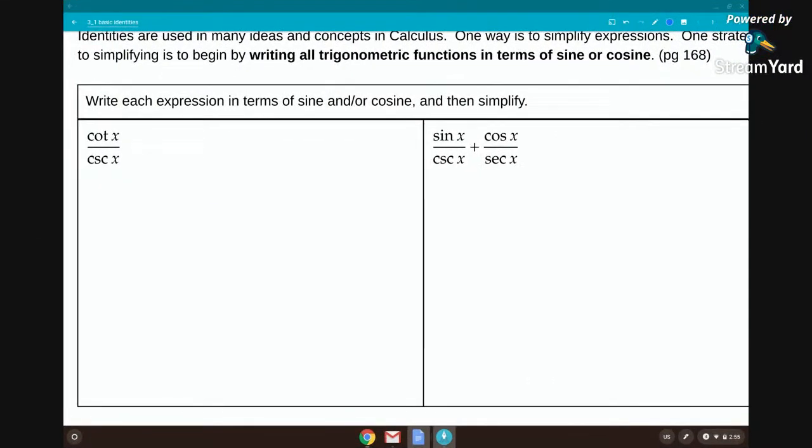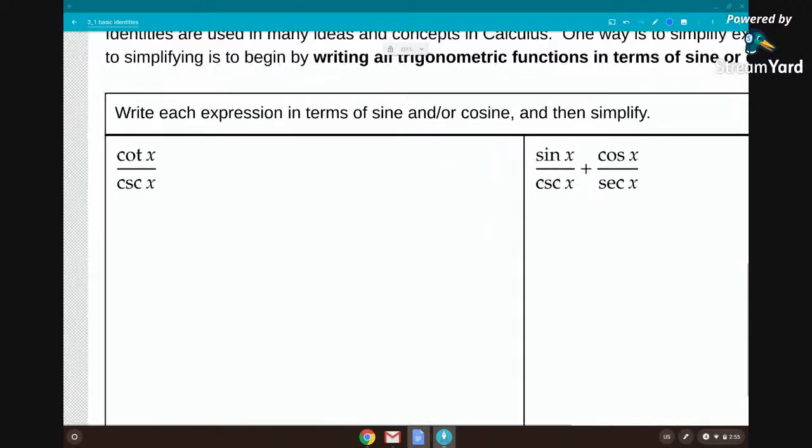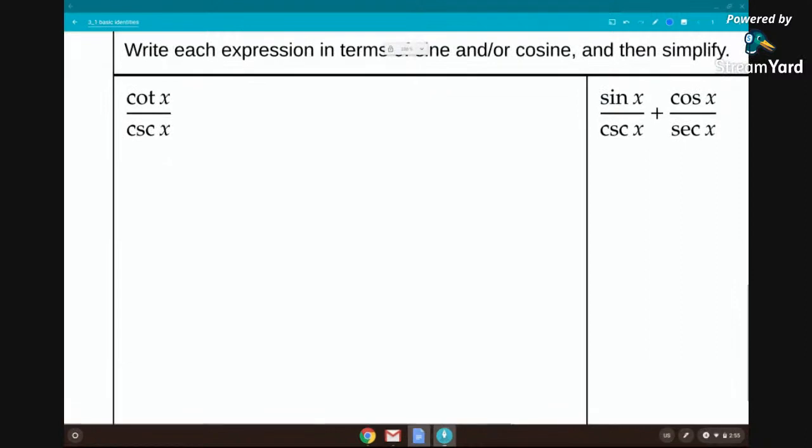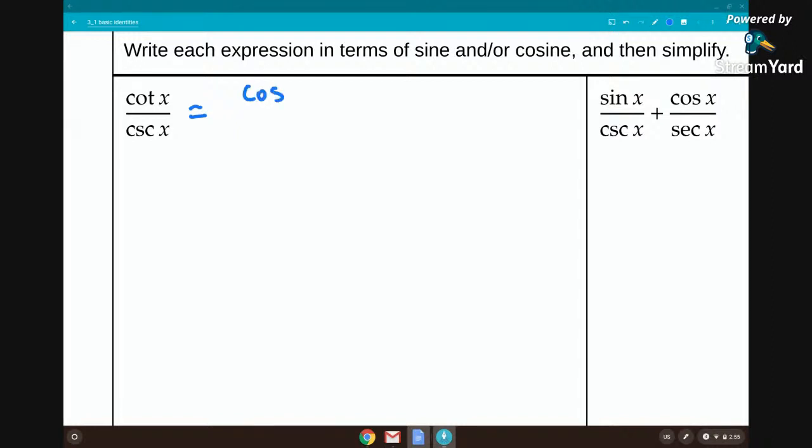So we can immediately apply the reciprocal identity for cotangent as cosine of x over sine of x. And then the cosecant is the reciprocal of sine. So we can write this as 1 over sine x.